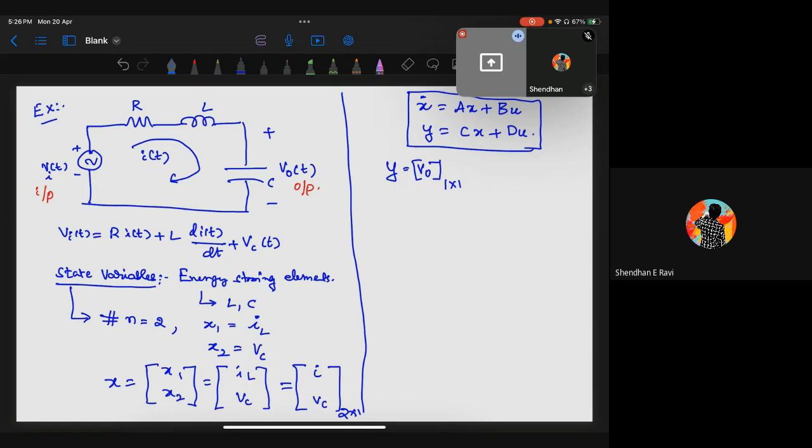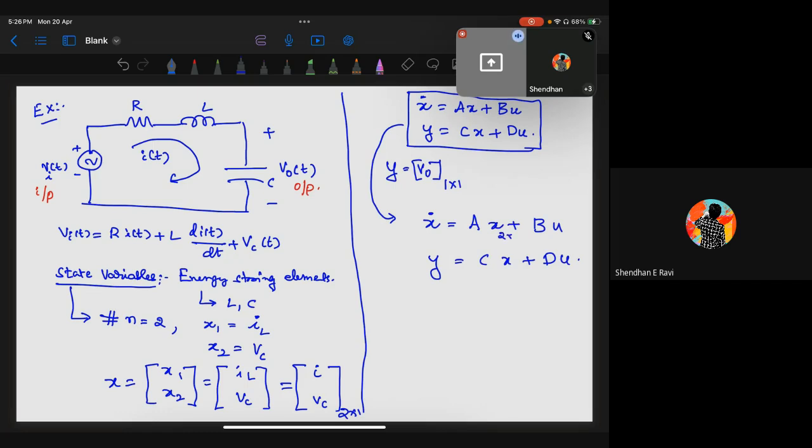Now can you write this one like this, x dot equal to Ax plus Bu, y equal to Cx plus Du, and the sizes of these matrices? What is x?